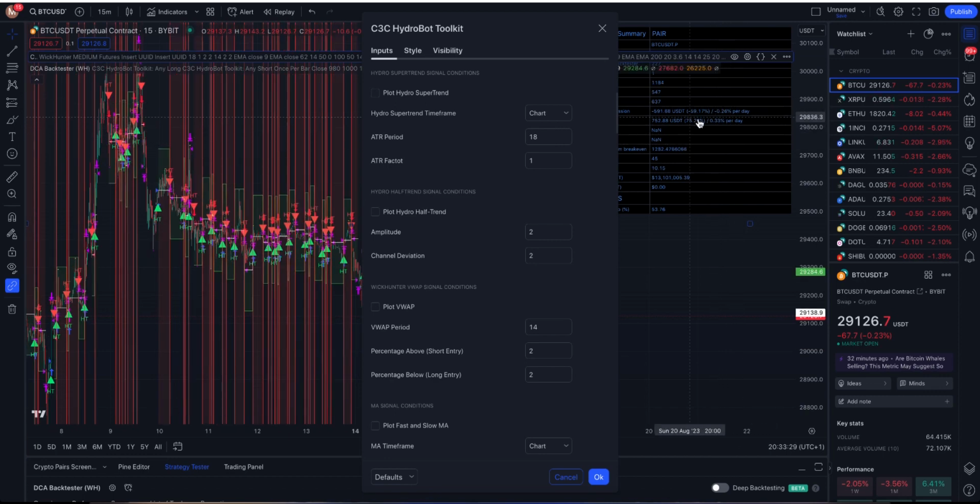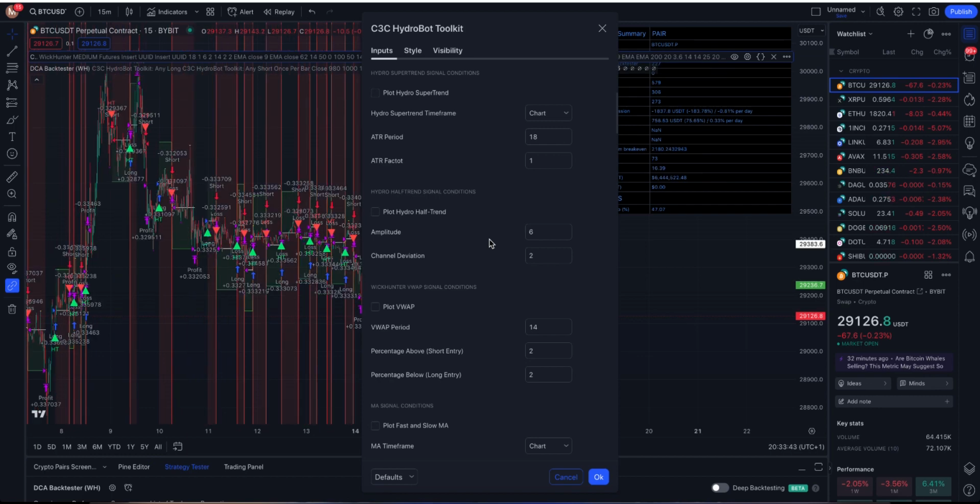So again, we're starting on minus 59.17. So we have a little play with this until we get it to the best that we can. That's made it worse. So try 3.